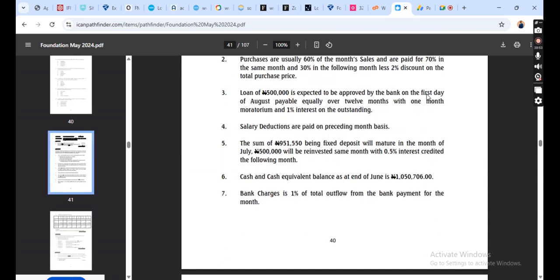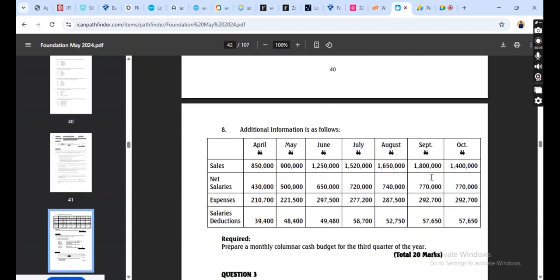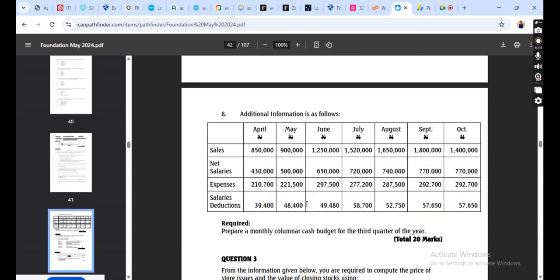I like the question because it is even challenging me as well. I have to think about why it is like this. Now, salary deductions are paid on preceding month basis. What is the preceding month basis? May will be paid in June.